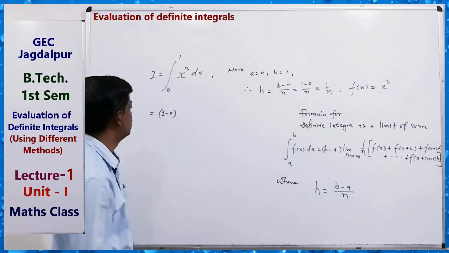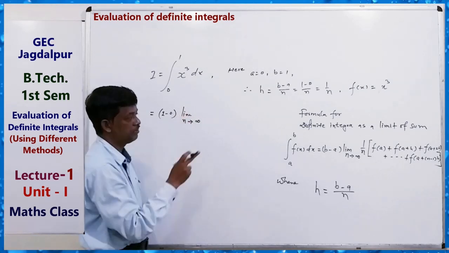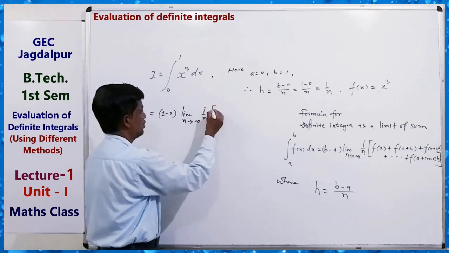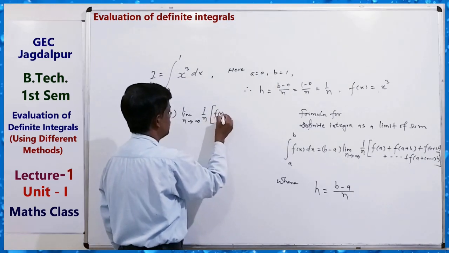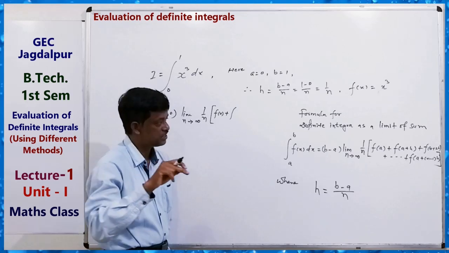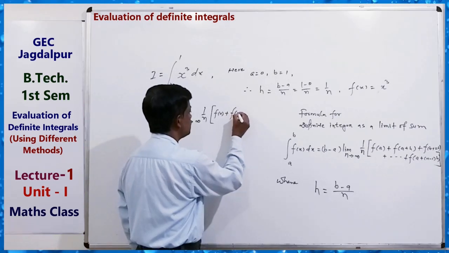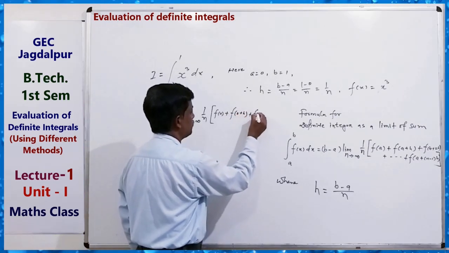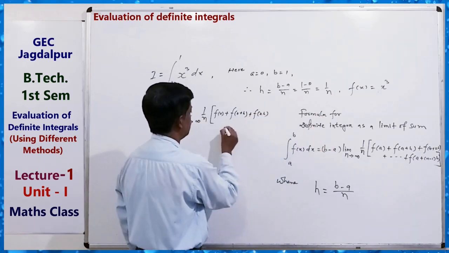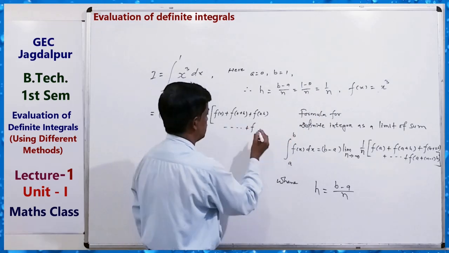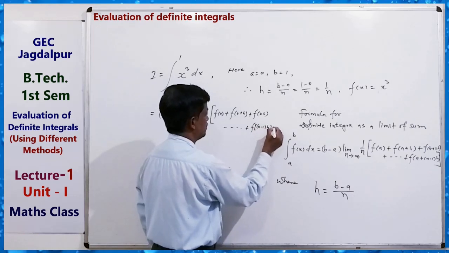So you can see (b minus a), limit n tending to infinity, 1 by n, times the first value f(a), a means 0, plus the second value f(a plus h), that is f(0 plus h), plus f(2h), f(3h) and so on, up to f((n minus 1)h), that is 0 plus (n minus 1)h.